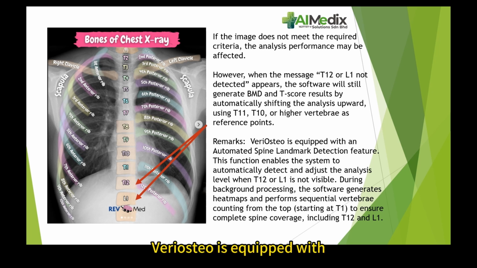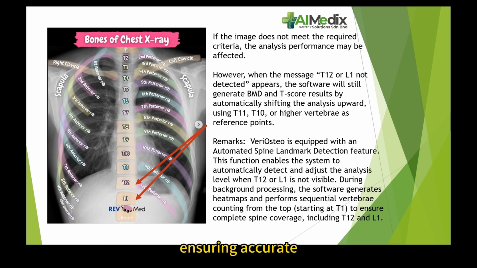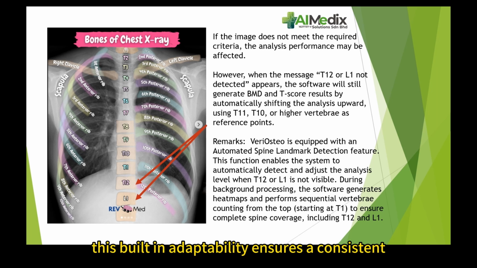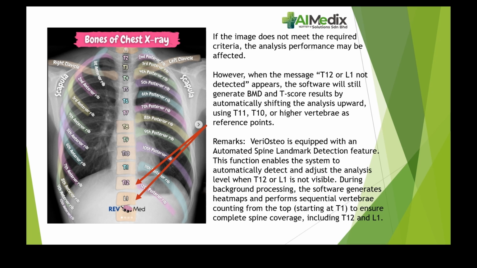Veriosteo is equipped with automated spine landmark detection, which allows it to identify the spine from T1 downward, ensuring accurate coverage and analysis even when some parts are unclear. This built-in adaptability ensures consistent results despite some variations in image quality.